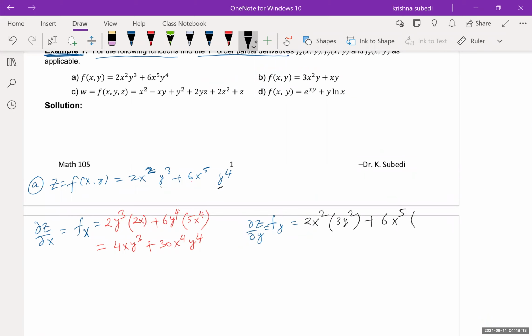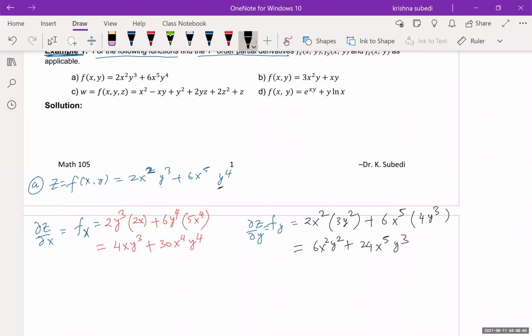Now you need to find the derivative of y to the power 4, which is 4y cubed, because we are finding the derivative with respect to y. That's it. So your answer is 6x squared y squared plus 24x to the power 5 y cubed. Done.